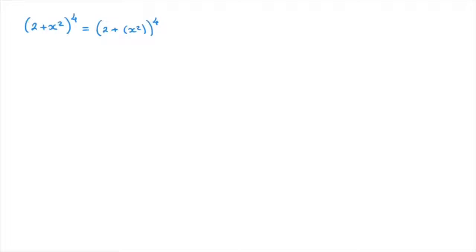Now, to write all the terms in the expansion of (2 + x²)⁴, we can fall back on the formula for binomial expansions, which states that (a + b)⁴ is equal to the sum from r equals 0 up to 4 of the product of the binomial coefficients for r with a raised to the power of 4 minus r and b raised to the power of r.